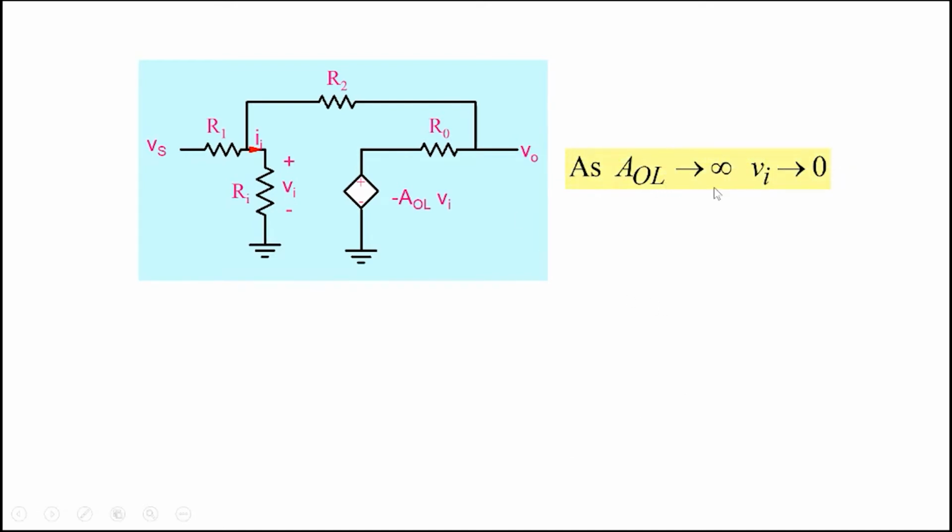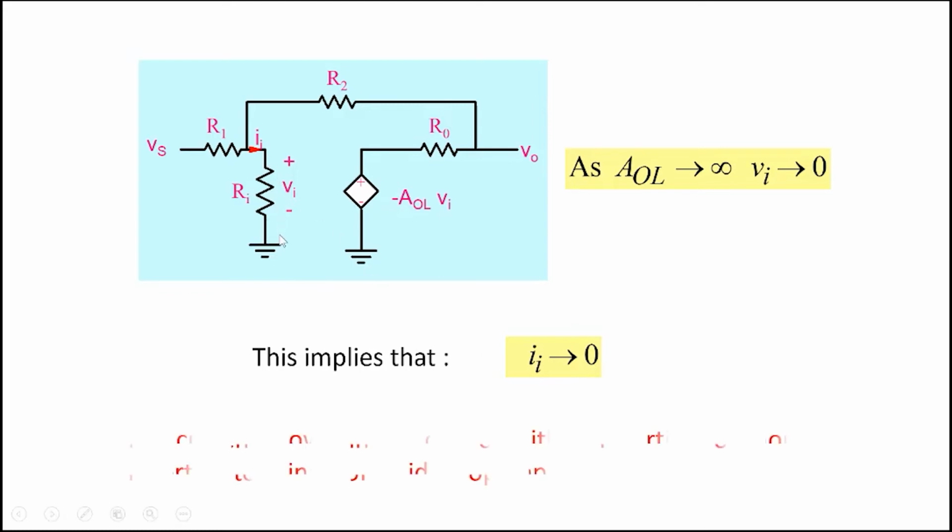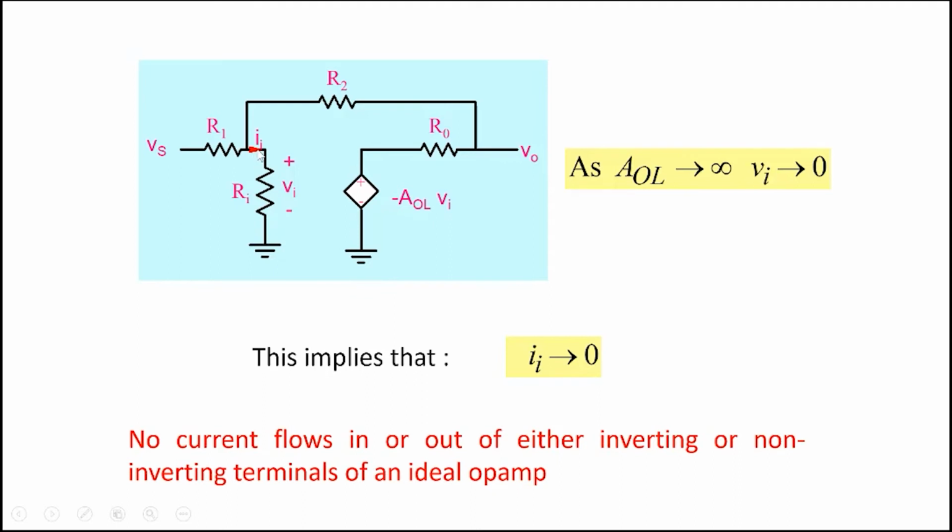So as A0L tends to infinity, Vi tends to 0 here. Now, if Vi tends to 0, note that there is a very high input resistance also. So that implies that the current goes to 0 here. And so no current really flows in or out of either the inverting or non-inverting terminals of an ideal op-amp.